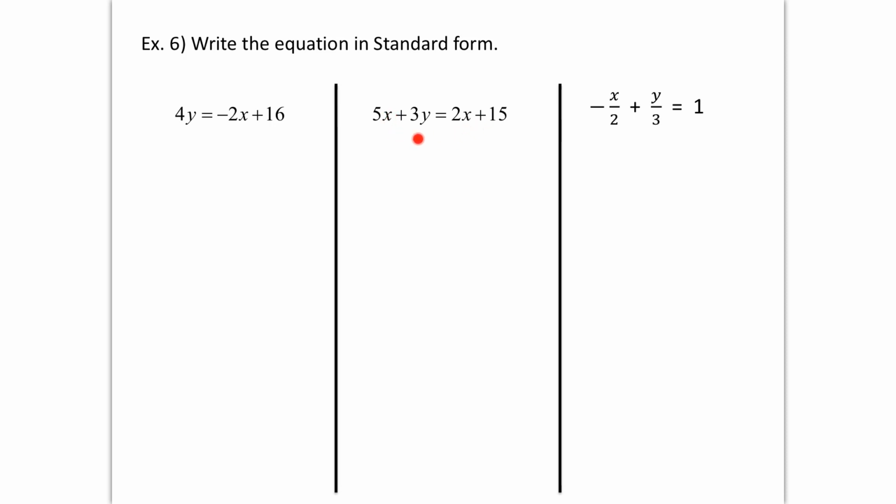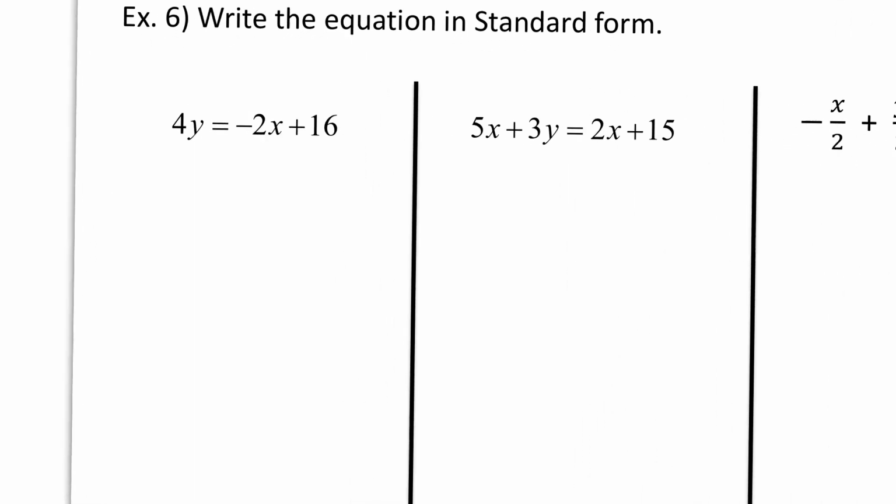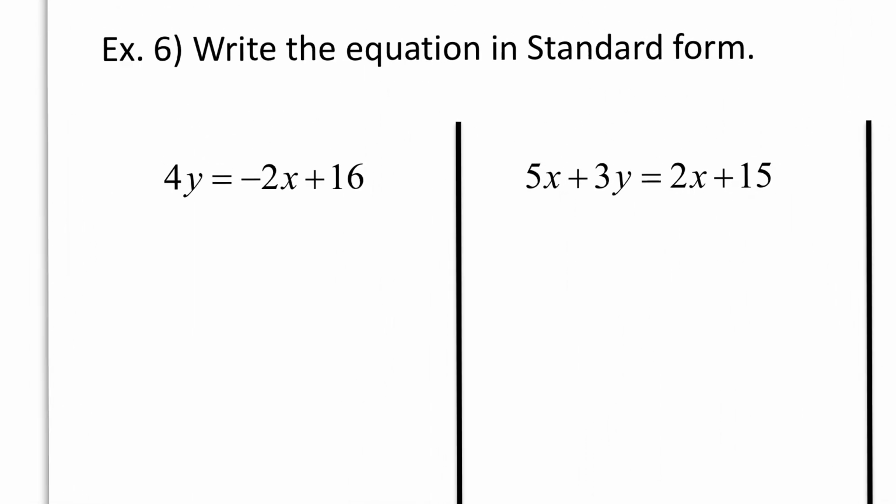Over here, we need the x and the y on the same side, and the constant has to be on the other side of the equation. Now this one here, the x and the y are not even on the same side, so let's do that first. Let's write the equation in standard form, and then I'm going to show you how to graph those equations when you have standard form.